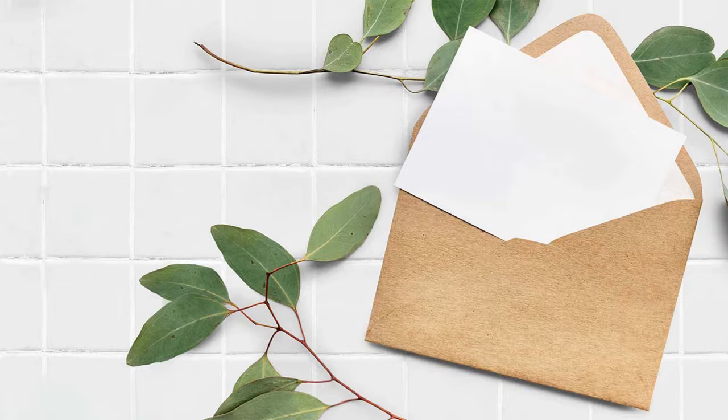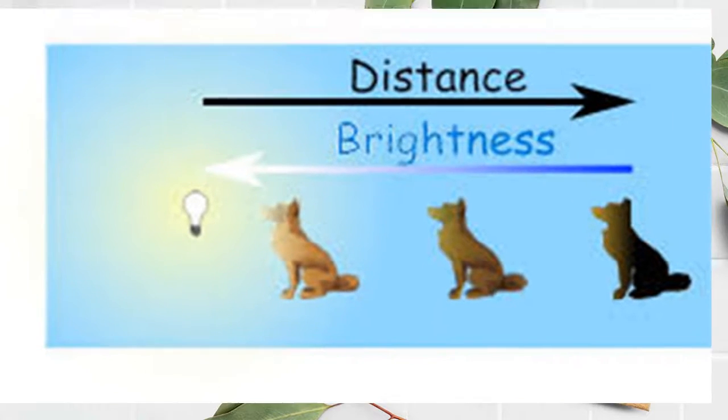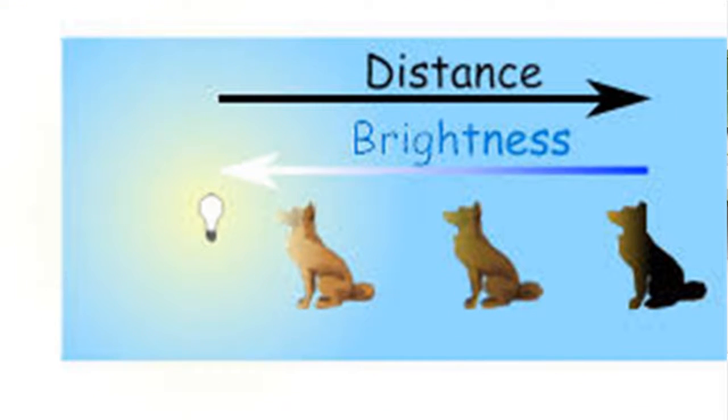Let's learn an example of inverse proportion. Look at this figure. When distance increases, brightness decreases. So, it is inverse proportion.